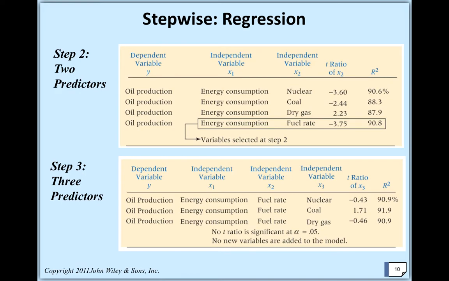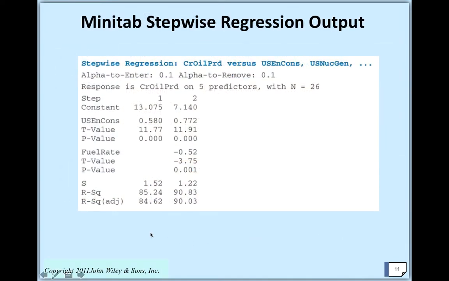In some programs like Minitab or SPSS, the way this looks in terms of outcome is on the next slide. It shows you it went through two rounds. It determined what to add, so energy consumption, and kept it in the model. Then it shows you what to add next, which is fuel rate, and the p-value.